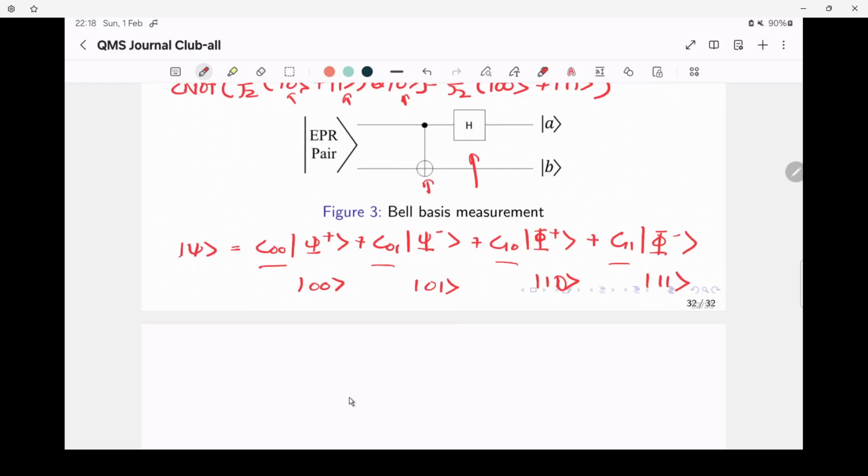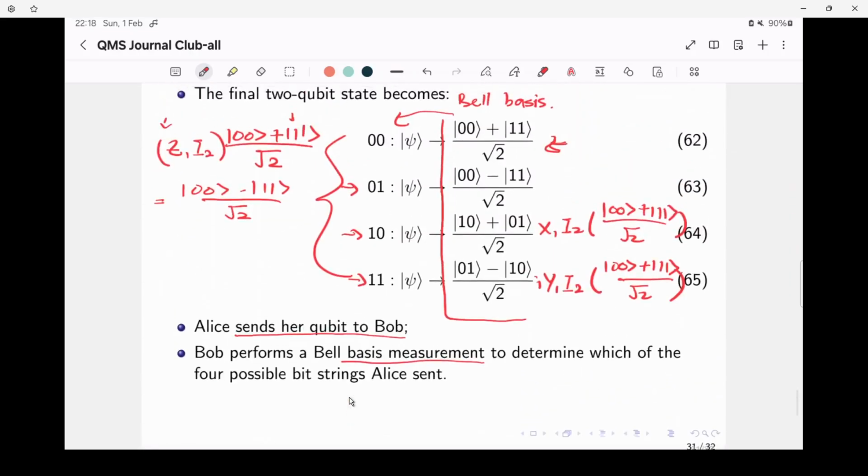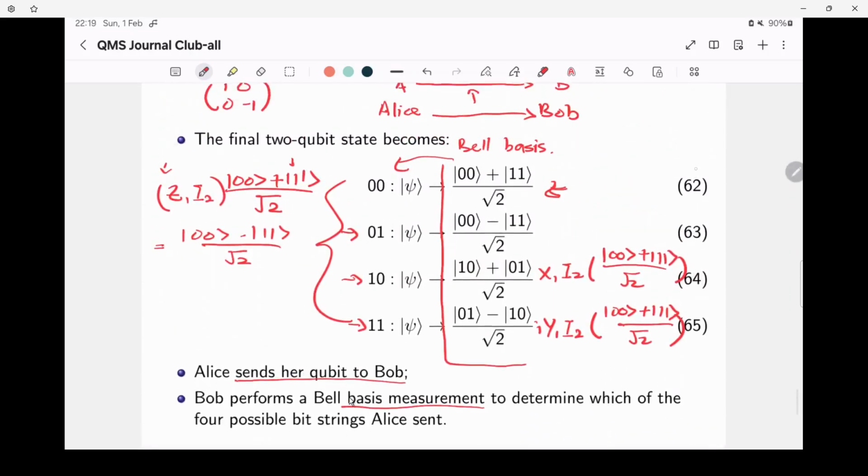And by doing this, when you perform the measurement, you look at what your A and your B are. Let's say you get 0,1, then you can check correspondingly what the Bell basis would be for this type of measurement. You will observe this type of Bell basis combination quite a lot later on, especially when you do quantum teleportation.